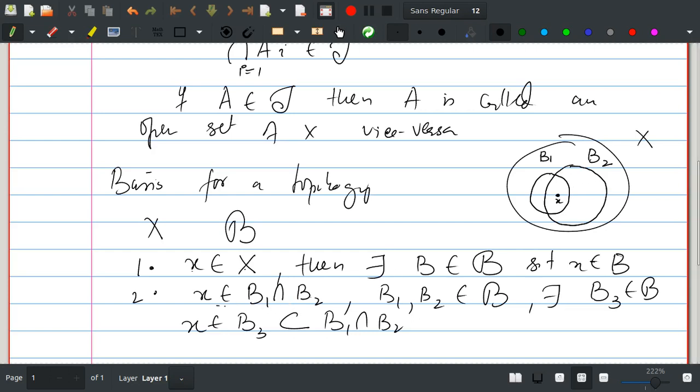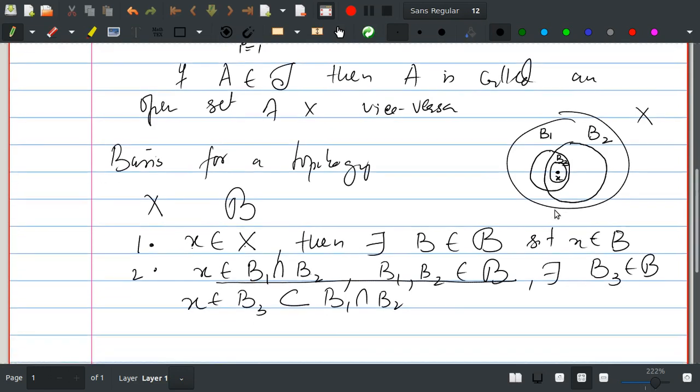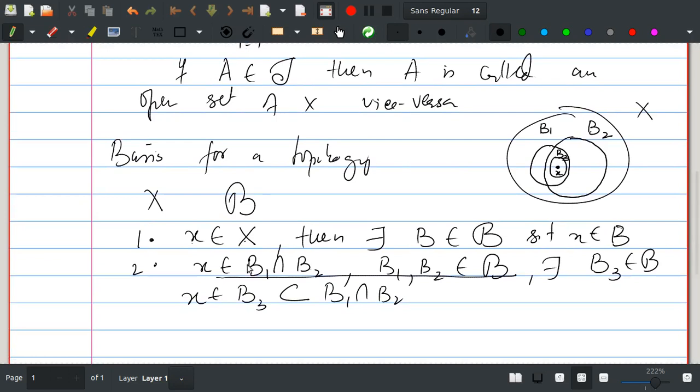If this is the case, then we should be able to find another element in this fancy b, say b3, which contains this x, and this b3 must lie in this intersection. Then we call this fancy b to be a basis, and any element b in this fancy b is called a basis element.